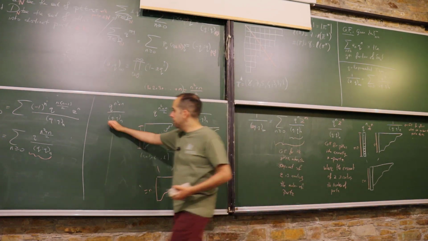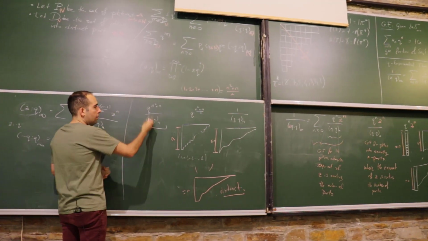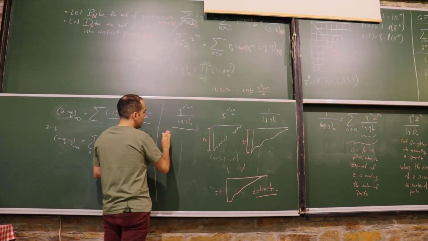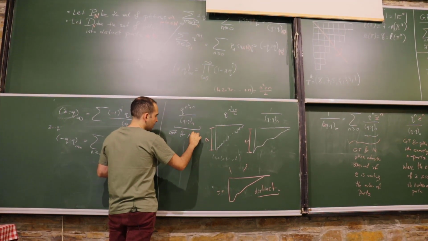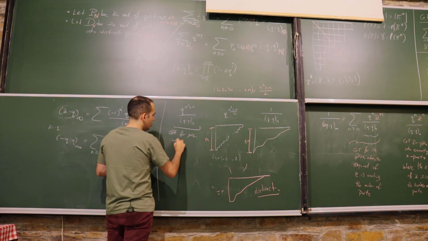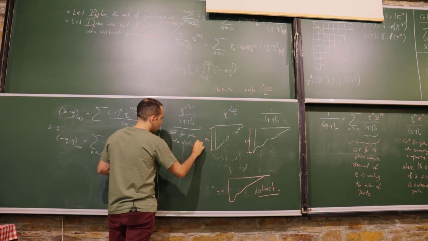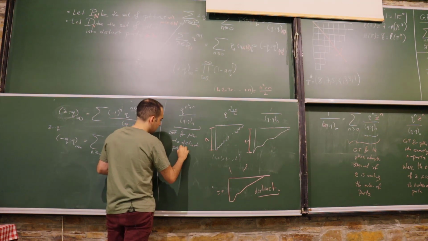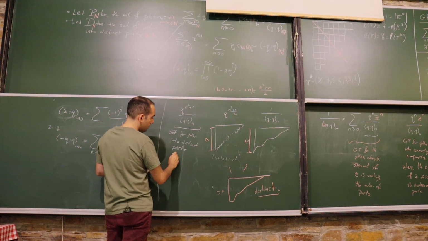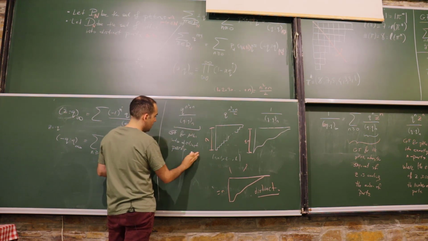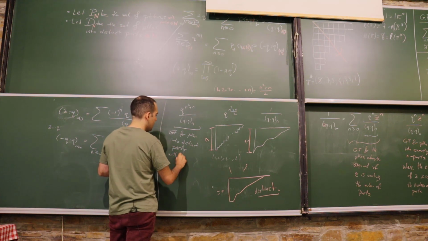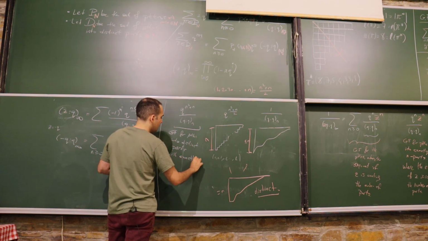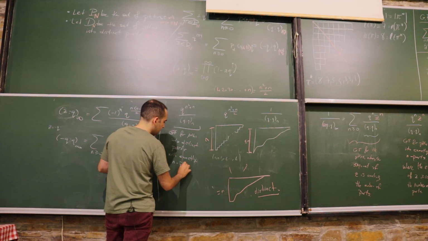So now we recovered that this is the generating function for partitions into distinct parts with exactly n parts.